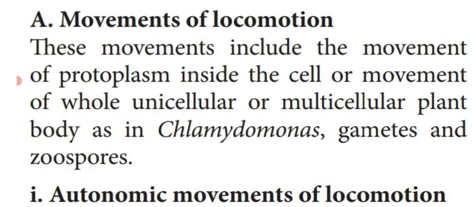The first one is the movements of locomotion. The movements of locomotion includes movements of protoplasm inside of the cell or the movement of entire unicellular or multicellular plant body as in Chlamydomonas, gametes and zoospores.